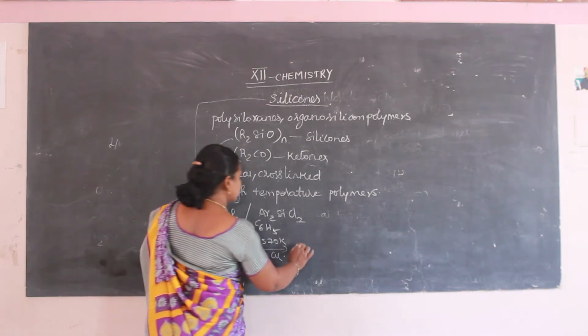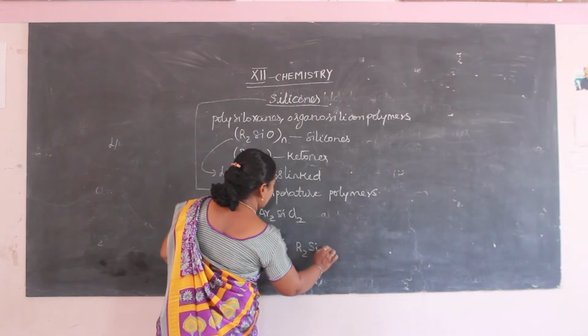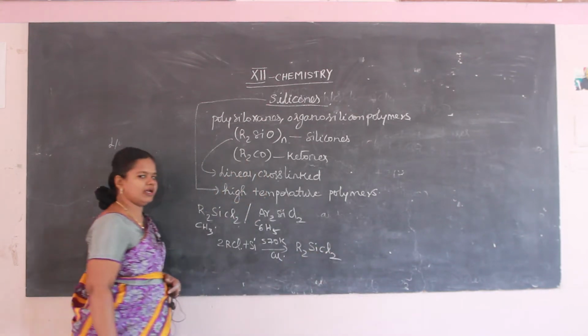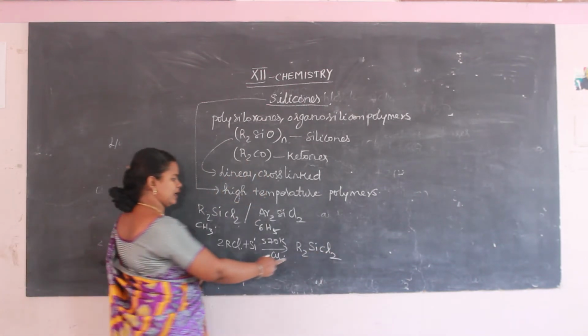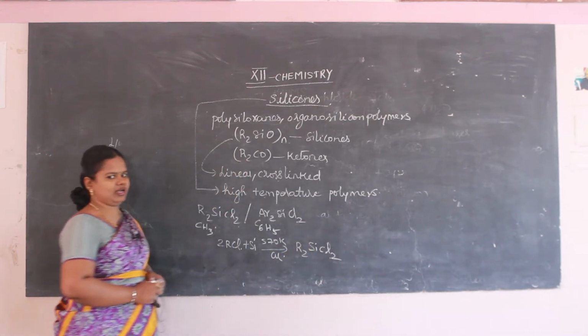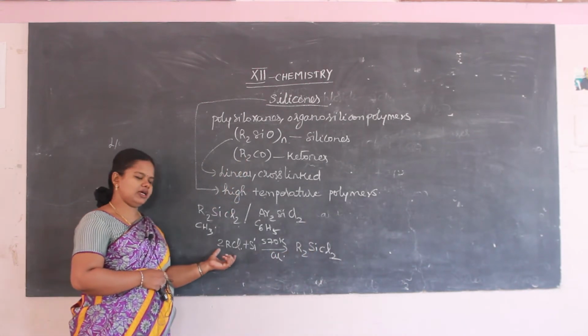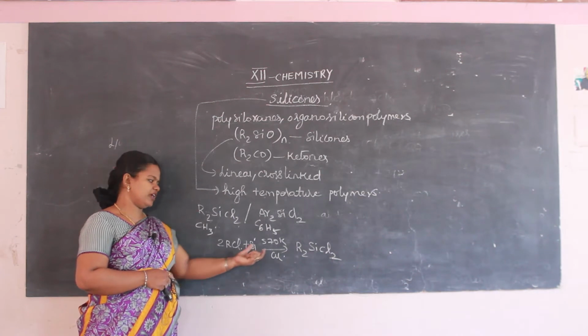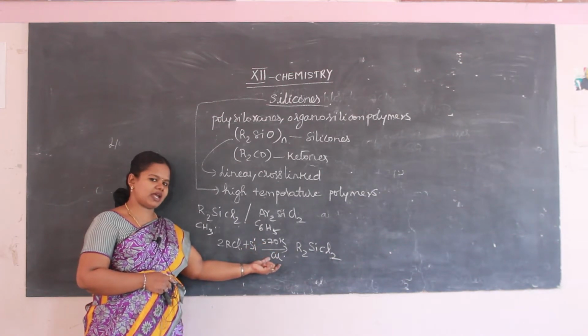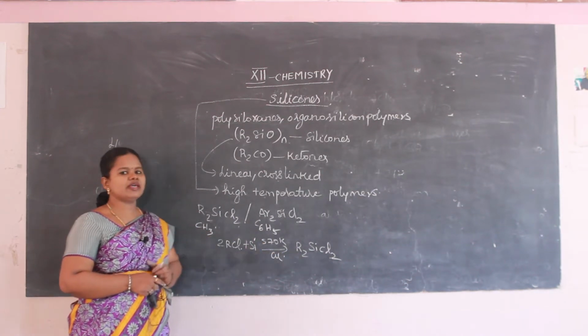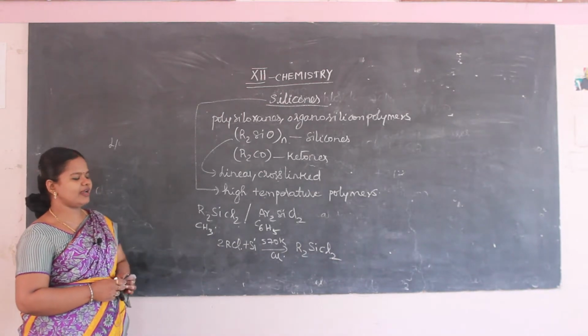This gives R2SiCl2, that is dialkyl dichlorosilanes.